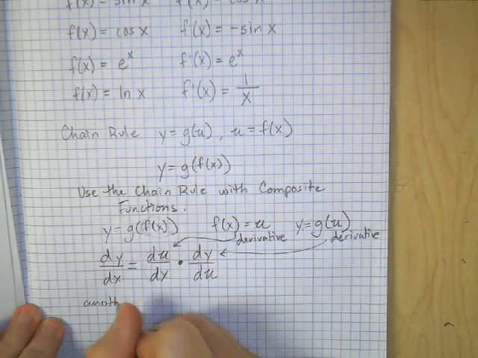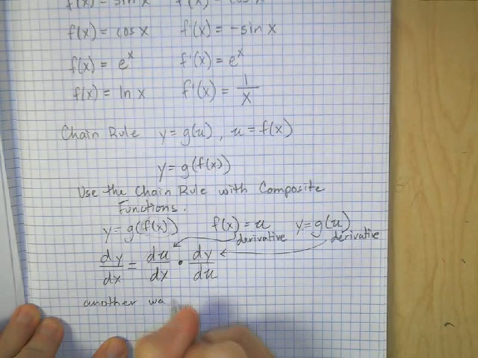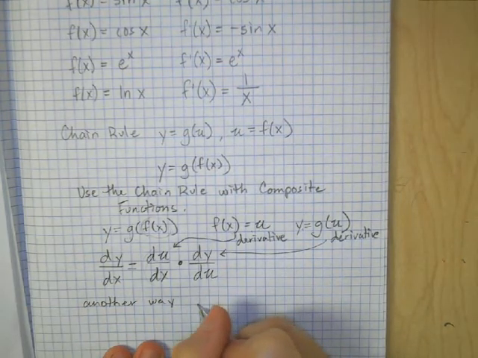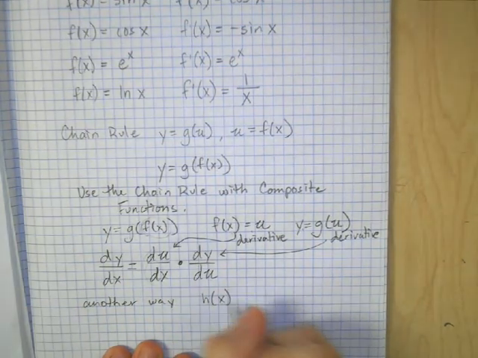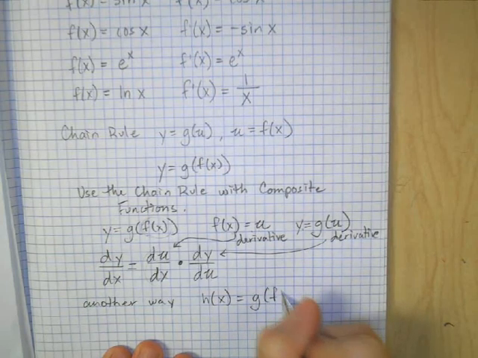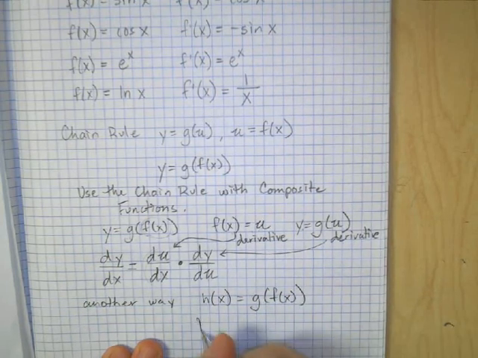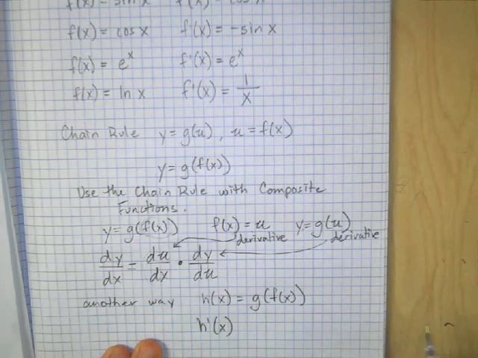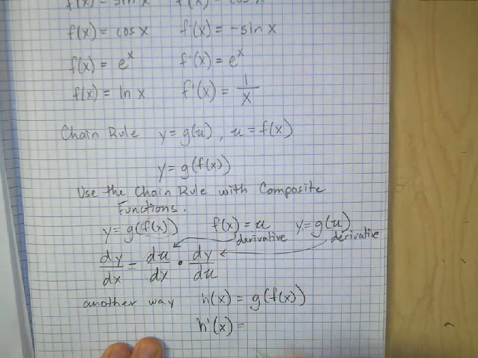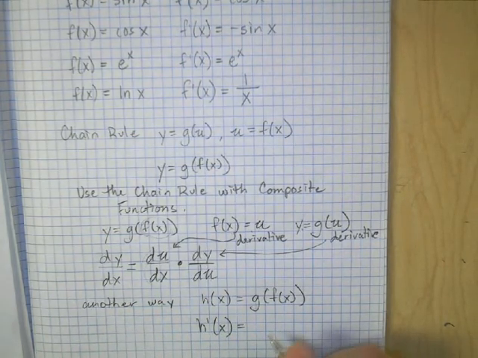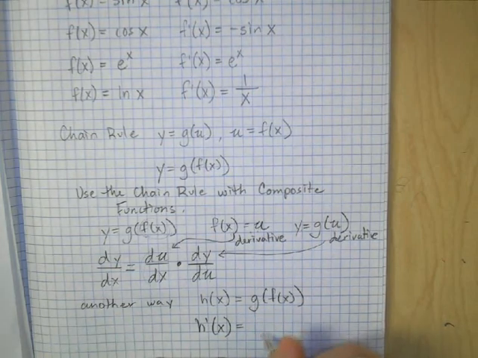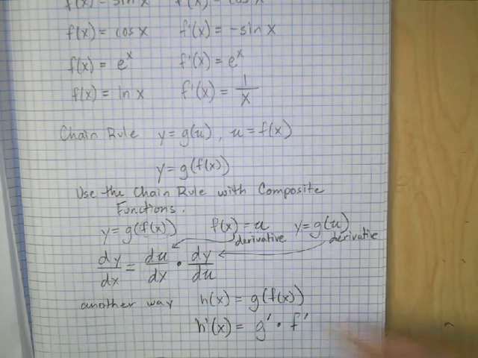But another way of saying that is if I had h of x is equal to g of f of x, then the derivative of h of x is going to be equal to the derivative of g times the derivative of f. Actually, let's shorten that.